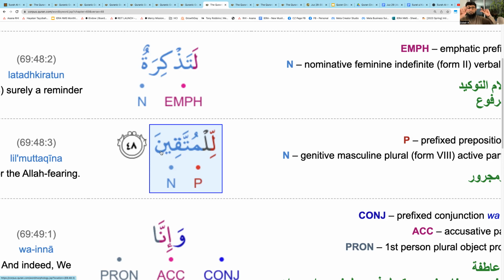You have meem and ya noon at the end. What do you have in the middle? Sin, lam, meem for Islam. So people who have submitted are called Muslimin. Mu'minin, same pattern, right? People who have iman are called mu'minin. Muttaqin, people who have taqwa. Munafiqin, people who have nifaq, and so on. Is that example clear? Is that pattern clear? If it is, type 1.